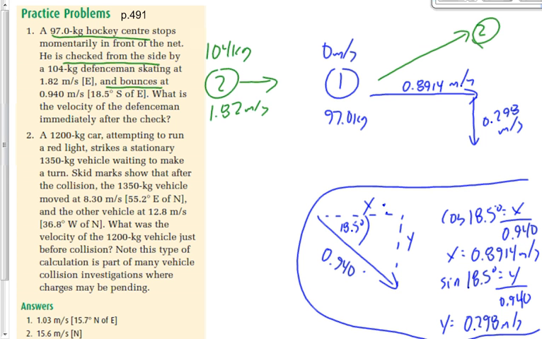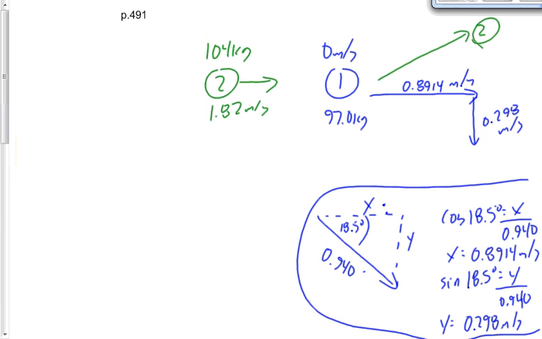Now we don't have a funny angle. We do up at the top, actually, for object number 2, right? That's a funny angle. But we don't know what its value is, and we can't do anything with it right now, so we're not going to lose any sleep over that one. The one that we could do something with, we dealt with it, and now we've got no funny angle there to deal with anymore. Now let's solve the problem.